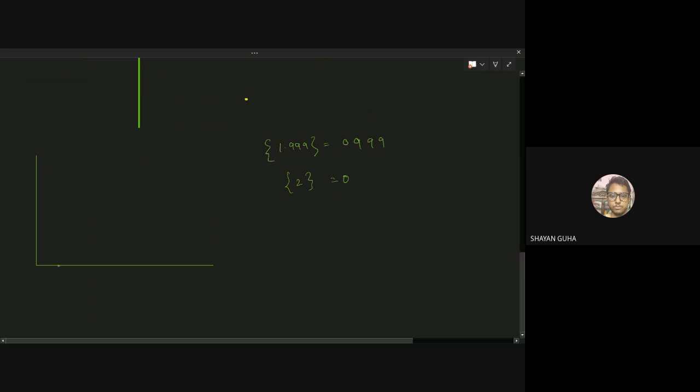Now let's draw. Let's say here we have 1, here we have 2, and we have 3.